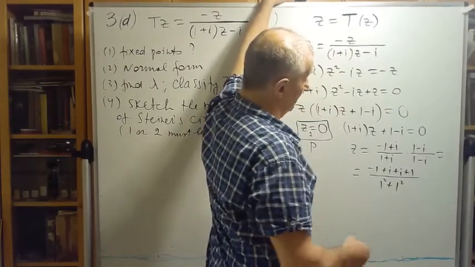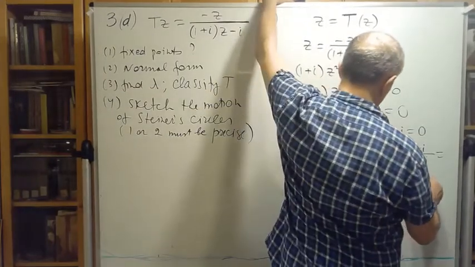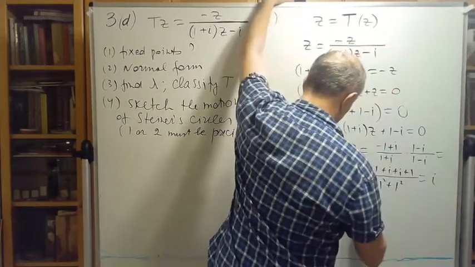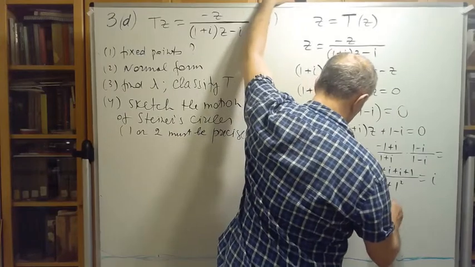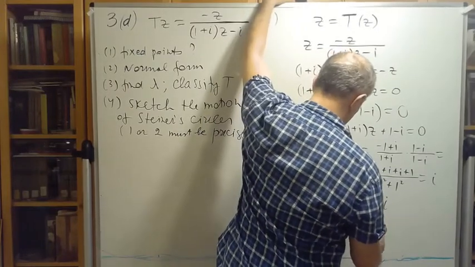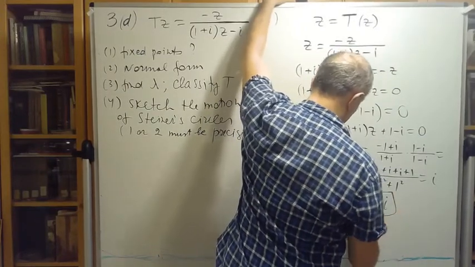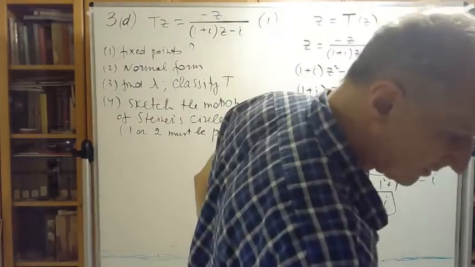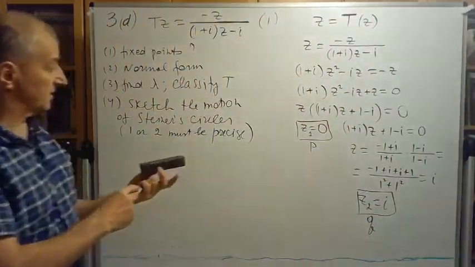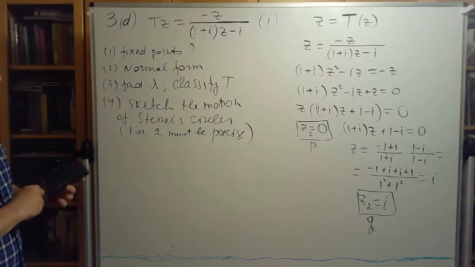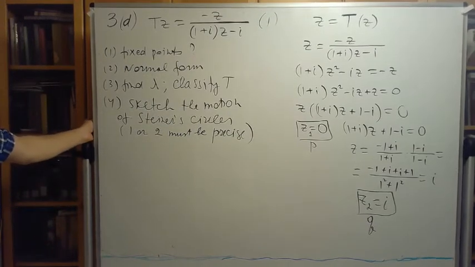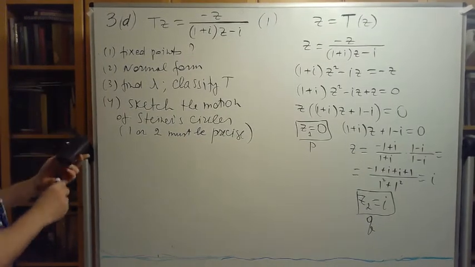So it will be 1 minus 1 cancel each other, 2i divided by 2, it will be i. z2 is equal to i, and this will be presumably our point Q. And so we have fixed points.